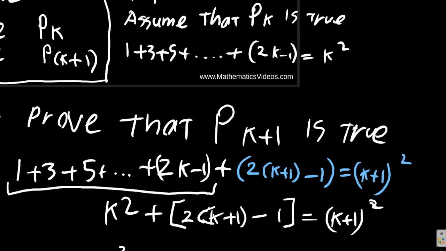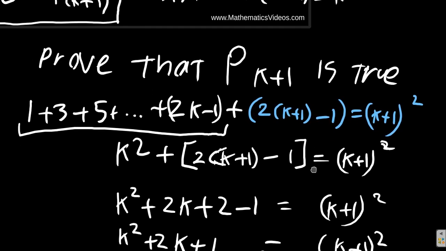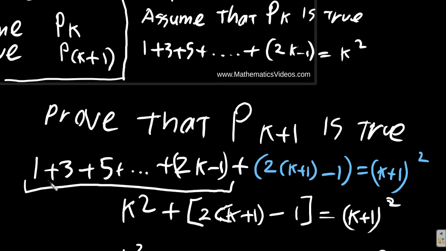Right? And then you recognize that this part is really this part. So you can write k squared instead of the series here. So it is k squared plus, and then you have the 2 times k plus 1 minus 1 equals k plus 1 squared. Right?